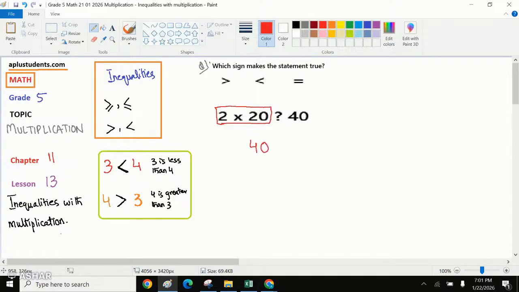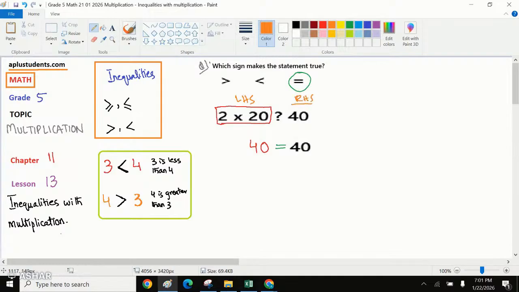And on the other side of the inequality, we had a 40 already. So is 40 greater than 40, 40 less than 40, or 40 equal to 40? We can say in this inequality, 40 is equal to 40, right? We just need to pick a sign and say this is the left hand side of the inequality and this value is the right hand side.